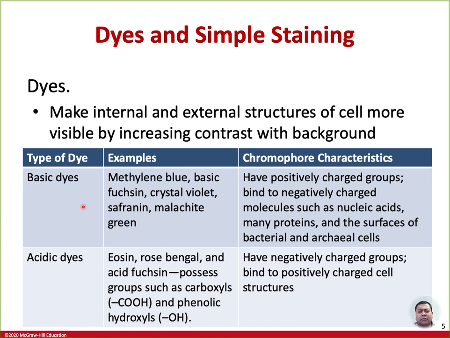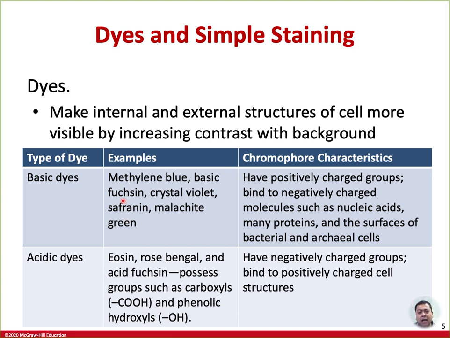Basic fuchsin is raspberry red, violet in color, safranin is red in color, malachite green is green in color, and they have positively charged groups, and by ionic interactions they bind to negatively charged molecules, such as nucleic acids, many different proteins, and the surface of the bacterial and archaeal cells. That's the reason these interactions impart color to these molecules and make the cells visible.